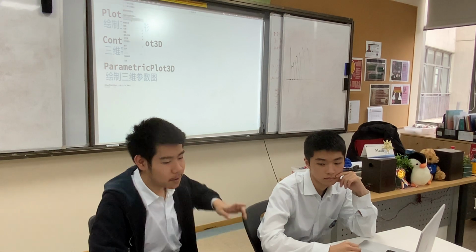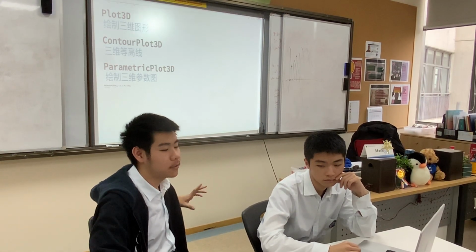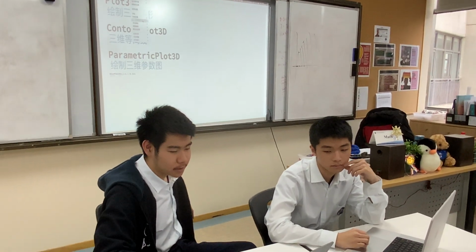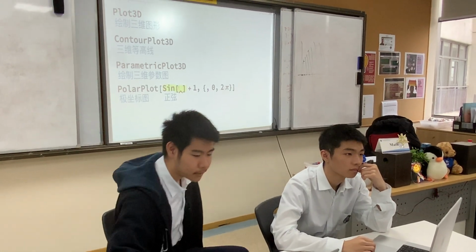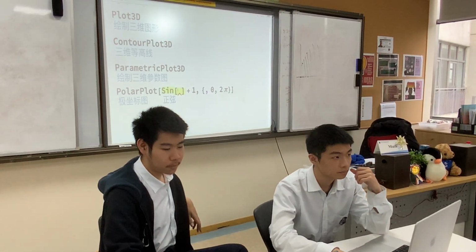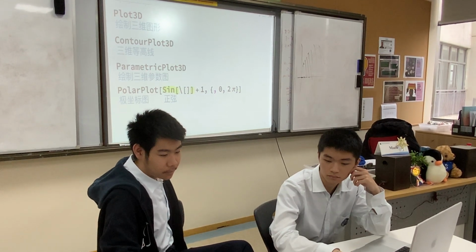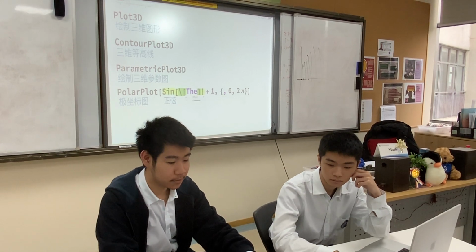Okay, now I'm going to talk about how to type theta in Mathematica, and also a lot of other special characters like omega, alpha, beta that math commonly uses. We want a theta over here. We type the backslash, brackets, capitalized T for theta.